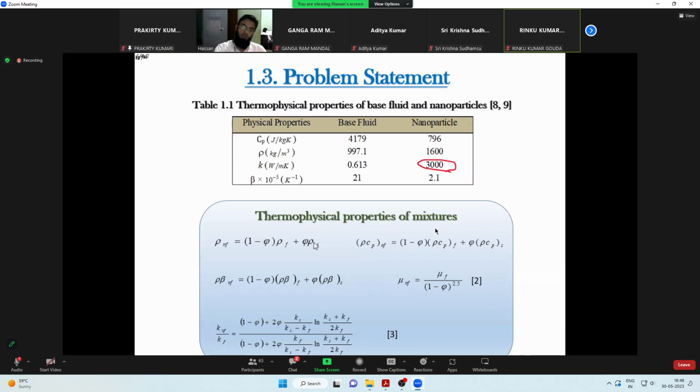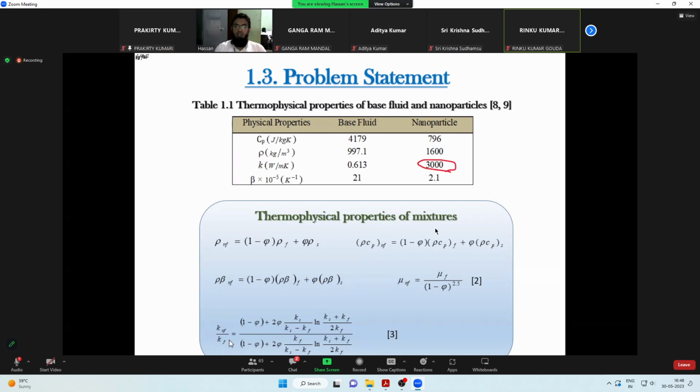S stands for nanoparticle solid, and f stands for base fluid. Similarly, we can have the specific heat, the coefficient of thermal expansion beta, the viscosity, and the ratio of the thermal conductivity.